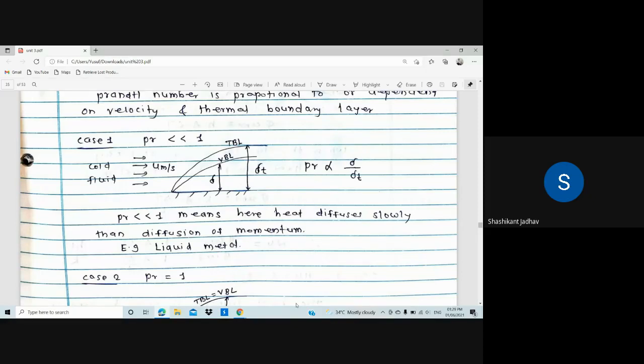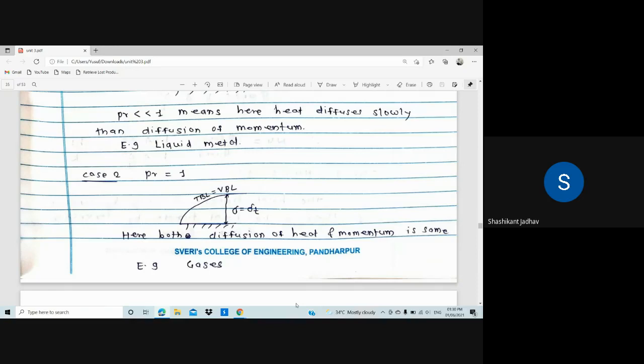Prandtl number is less than 1 means here heat diffuses slowly than diffusion of momentum. Write down the example: liquid metal.